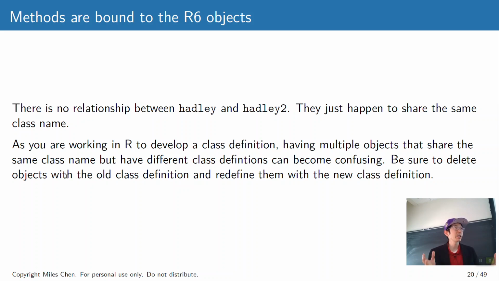Or if you're writing a script, define all of the definitions first and then create the instances. You don't want to define, create instances, redefine, and so on. In development there's a lot of going back and forth, like, I've got to do this, and I've got to update this, and I've got to do that.